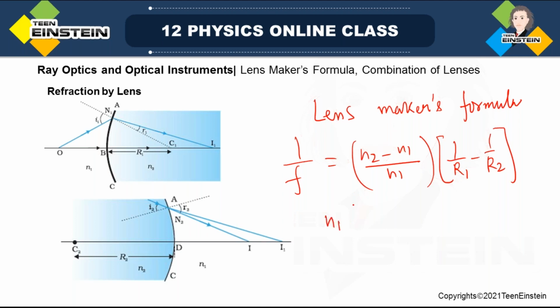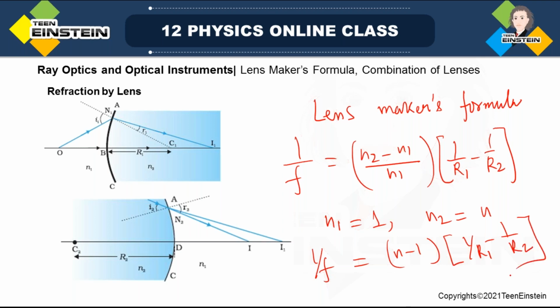Now look, if my first medium, the rarer medium, is air, then n1 will be 1, and suppose n2 is n itself. Then I can rewrite this formula as 1 by f equals (n minus 1) into (1 over r1 minus 1 over r2).